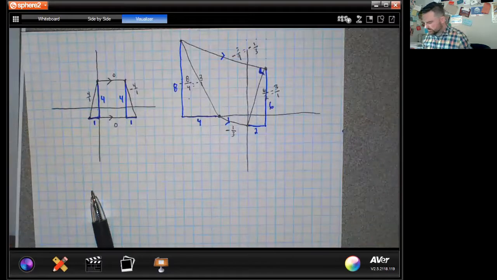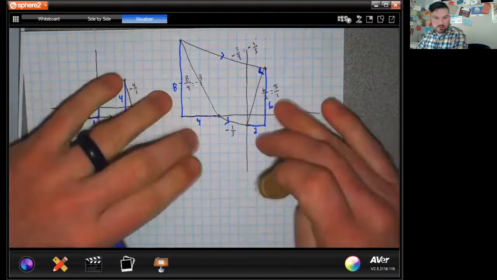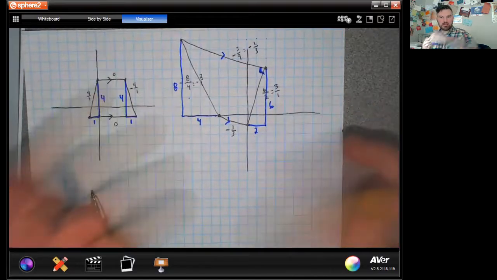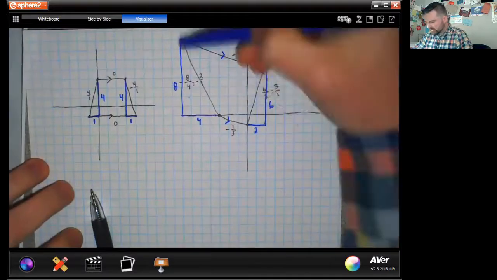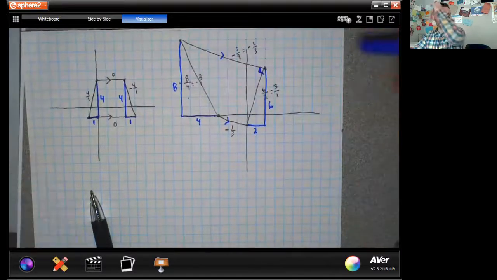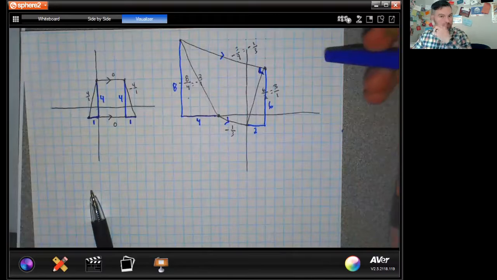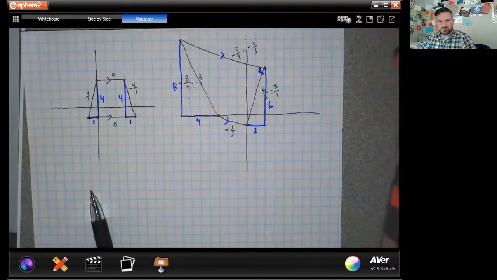Okay, now let's look. These are different. And just because they are different doesn't necessarily mean, well, it means that these sides will not be the same. Okay, they might be similar, but remember, to be an isosceles trapezoid, they have to be the same.